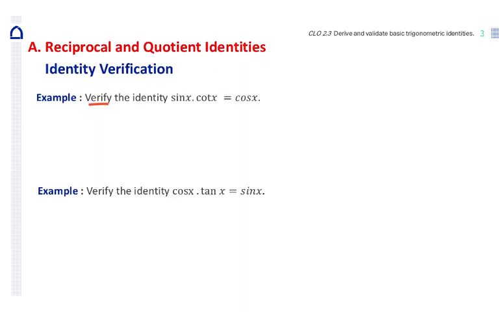It says verify this identity. And when they say verify, what you need to do is just change either the left or the right side of the equation until we get to the left and the right being exactly equal. The habit I like to choose is, if we can, to switch everything to be in terms of sine and cosine. So the cotangent of x is actually equivalent to 1 over the tangent, or it's equivalent to the cosine of x over the sine of x.